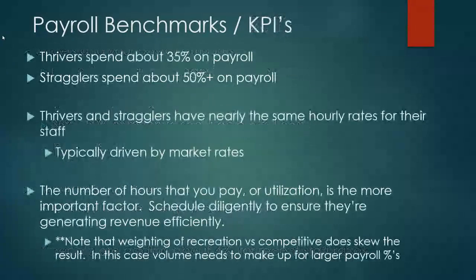Something to keep in mind is that one of the major reasons that typically happens is the number of hours that you're paying, or what we call your utilization rate, is typically the reason why you're spending too much money on payroll. You're paying for too much admin time, perhaps. Maybe you're paying for people to be there 10 or 15 minutes early and they don't have anything going on.